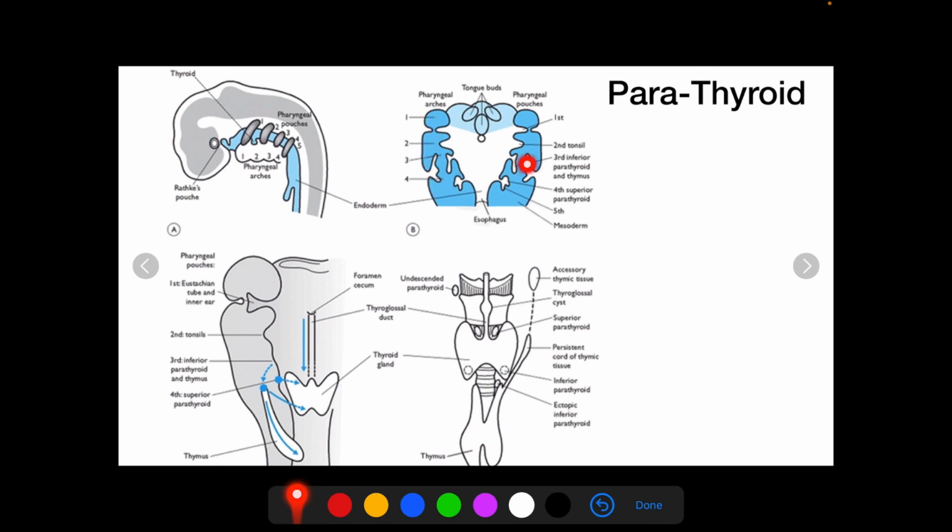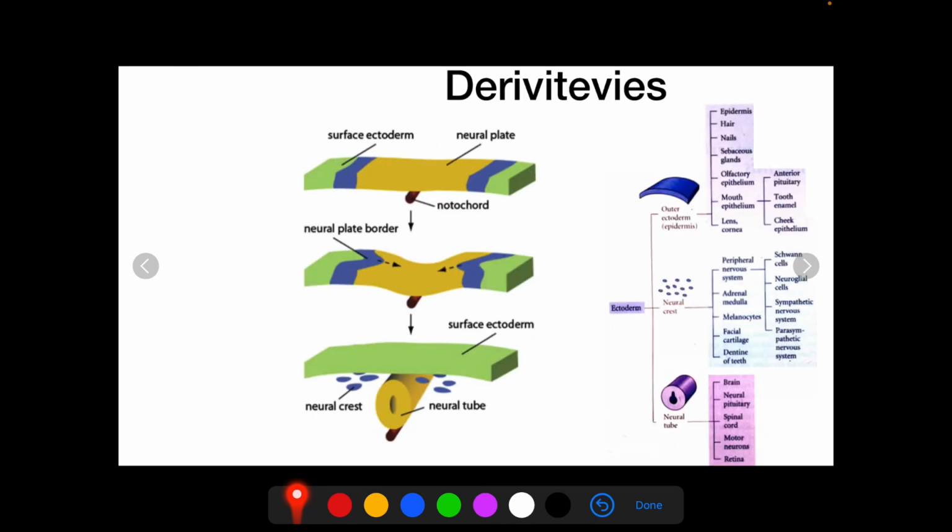From the third and fourth pouch, the superior and lower parathyroid form, and as they form they come downside to the thyroid area, and the parathyroid travels downside and remains with the thyroid. That's why the origin of the parathyroid is the inner part of the aortic arch, the inner part from the yolk sac and endoderm.